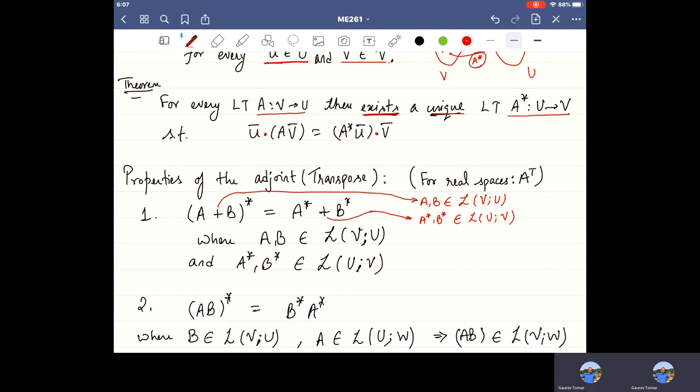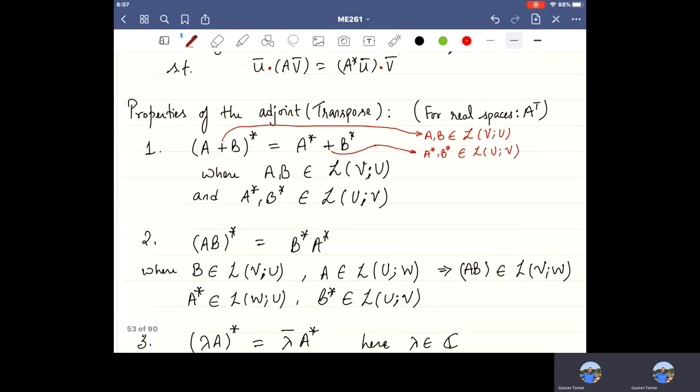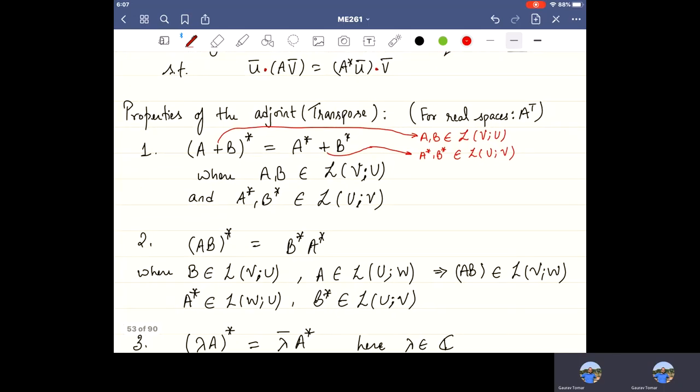That's the condition. Now, if you take AB and take the transpose of that, that will be equal to B star A star.